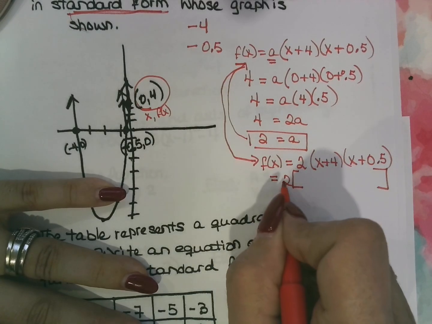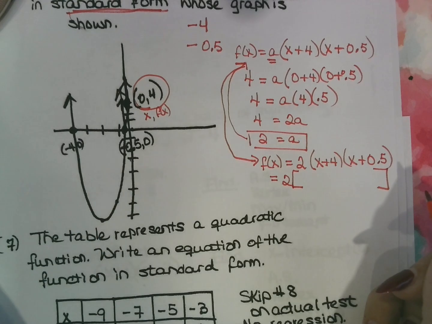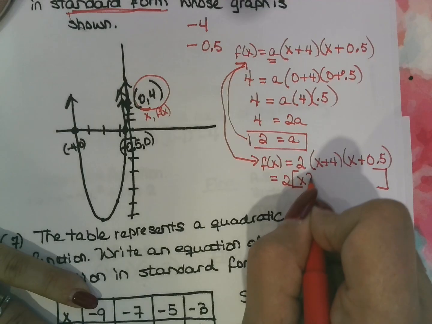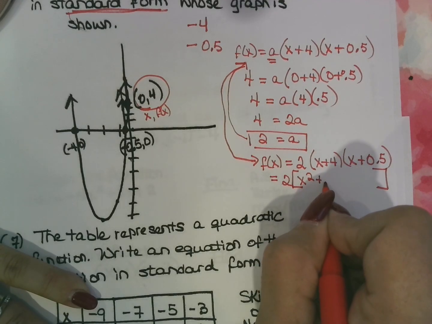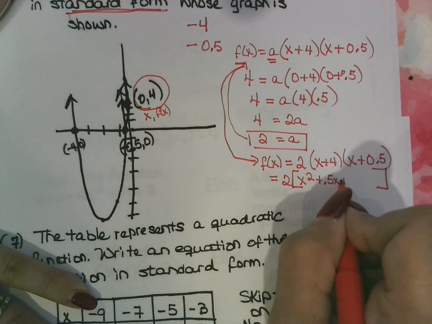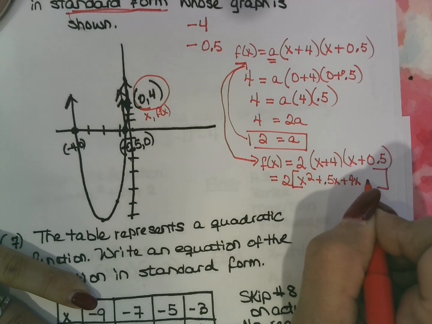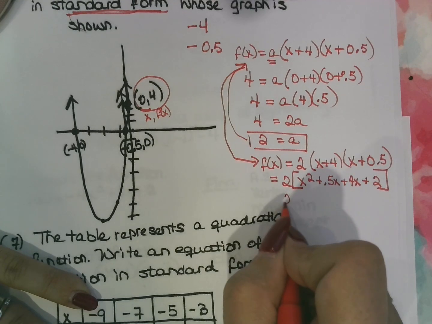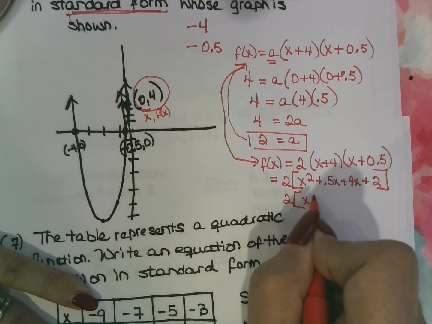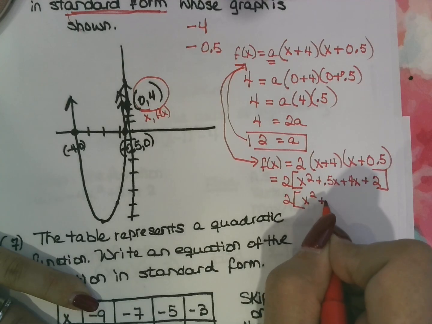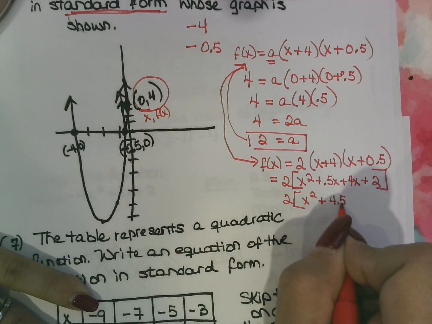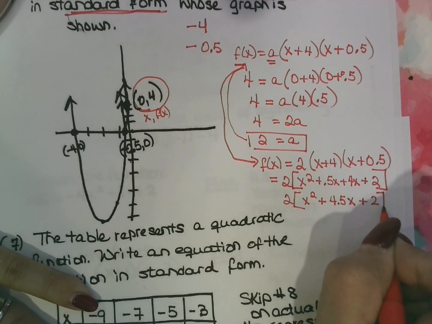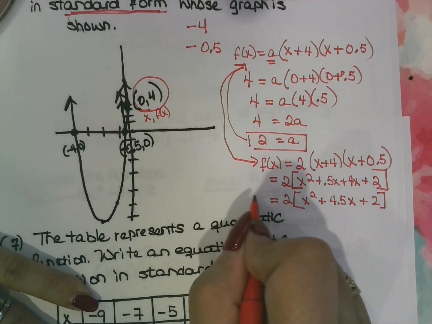Make sure you put that 2 out there, because you're going to need to distribute that at the end. So x times x is x squared, and then we have 0.5x, we have 4x, and we have 2. And that's going to be x squared plus 4.5x plus 2.